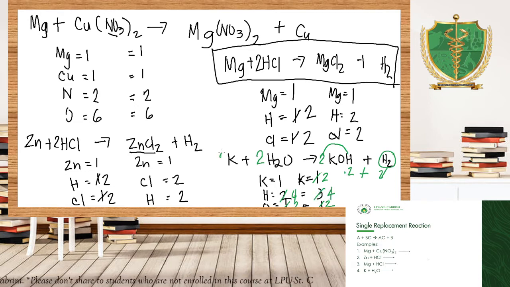Okay, and then 2 here. That's it. Okay, so we have the balanced equation. Now, sir, can we simplify it? If you're going to simplify it and divide it by 2, you're going back to the original equation, and the original equation is not balanced. That's why you cannot simplify it anymore. Okay?